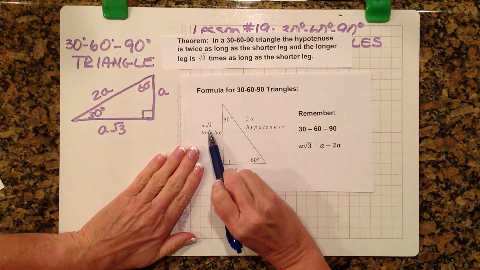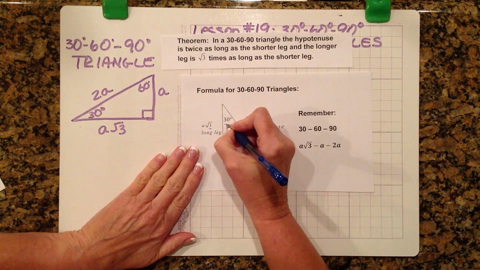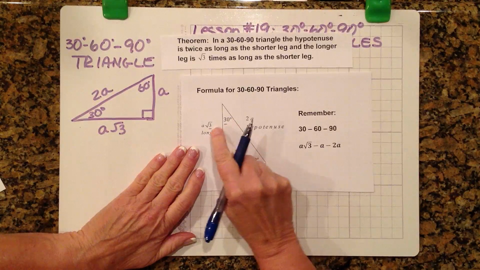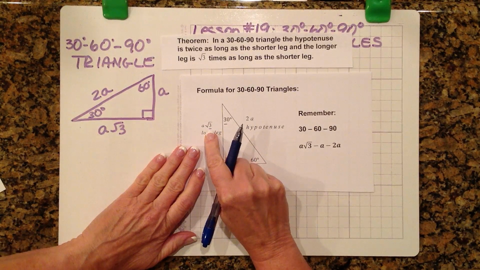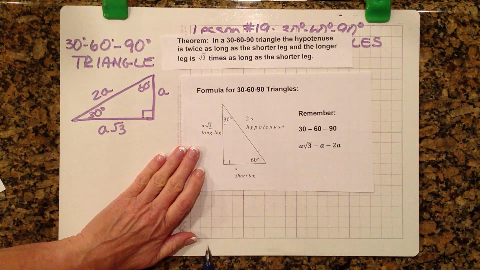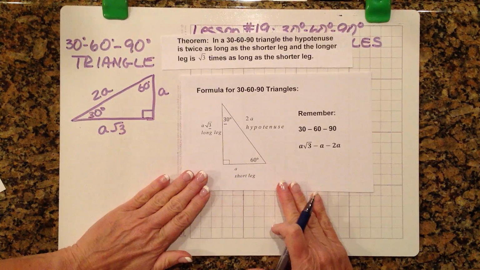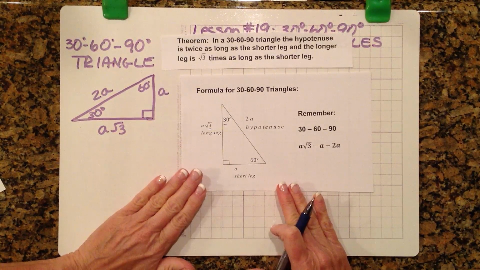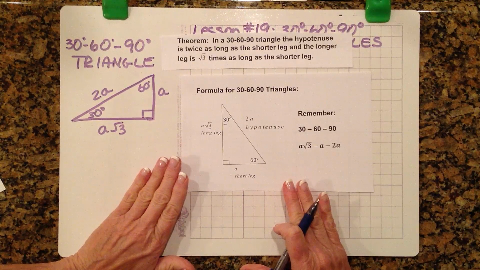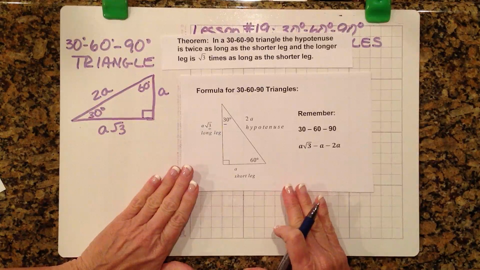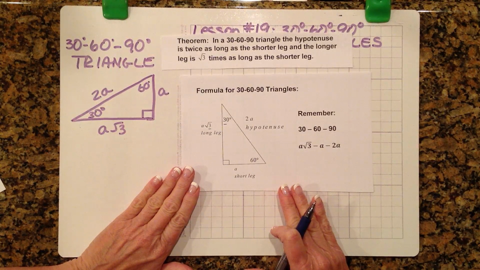If you notice, this is a 3 and that's a 3. So if you have the 30 degree, you need an A square root of 3 by it. Those two go together. So if you can remember that little rhyme, that will help you know where to place everything. Because 30, 60, 90 triangles are a little tougher, a little bit more to have to remember and to work with as opposed to your 45, 45, 90.